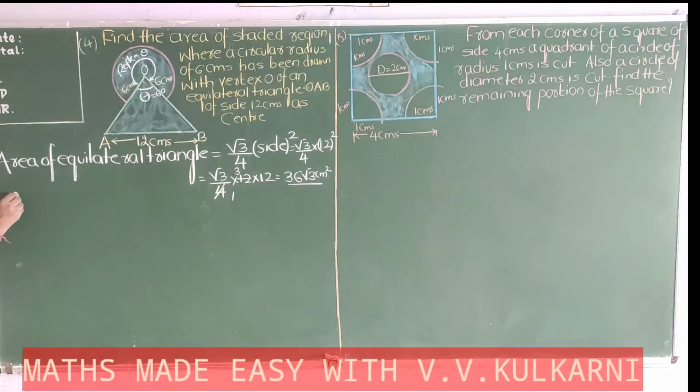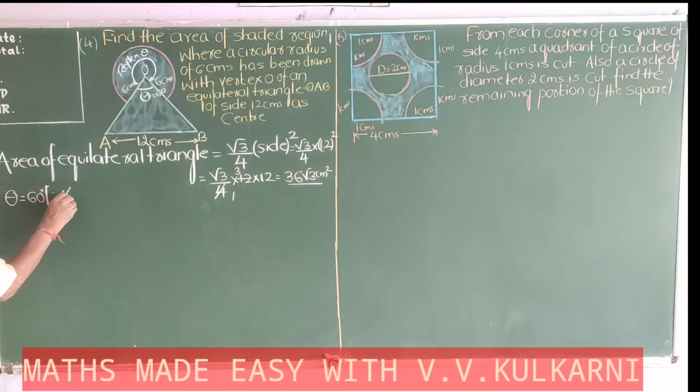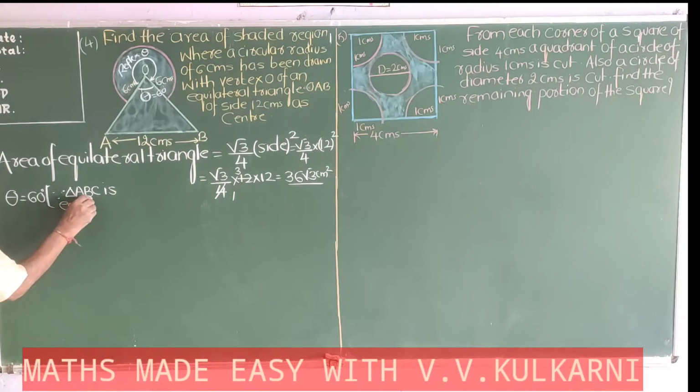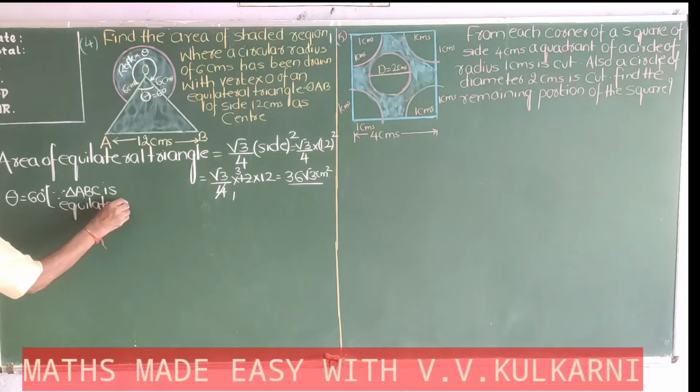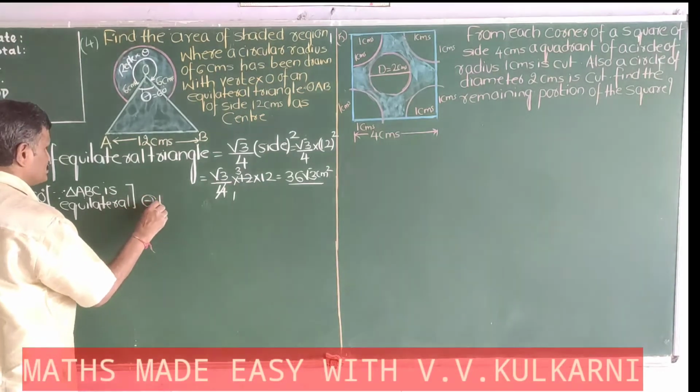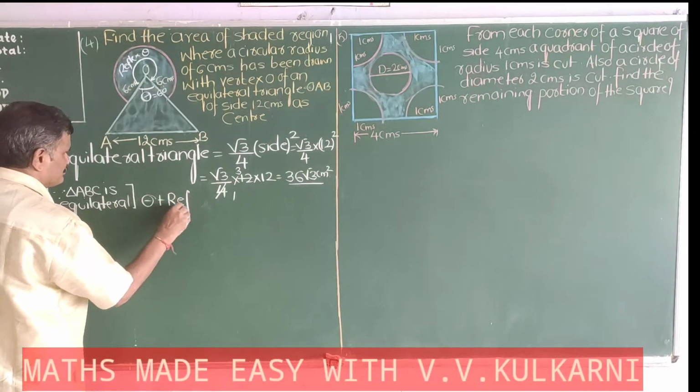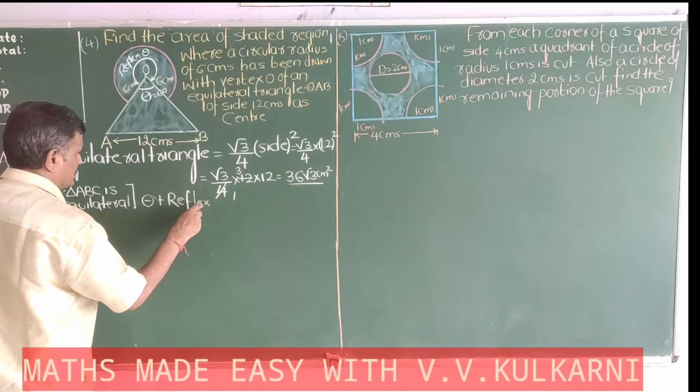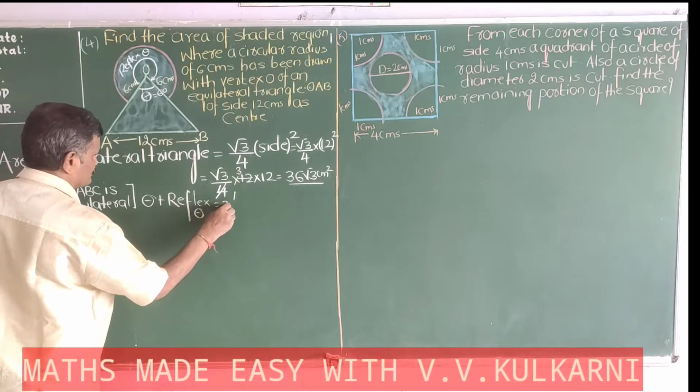So theta is equal to 60 degree because the triangle is equilateral. So theta plus reflex theta is equal to 360.